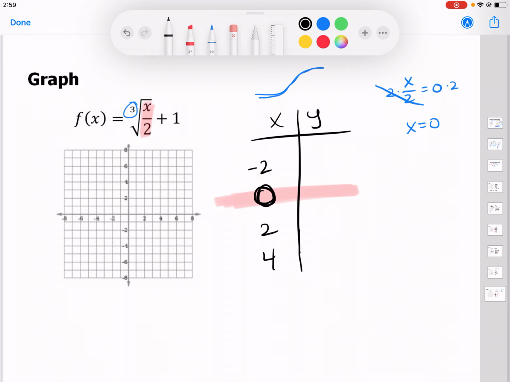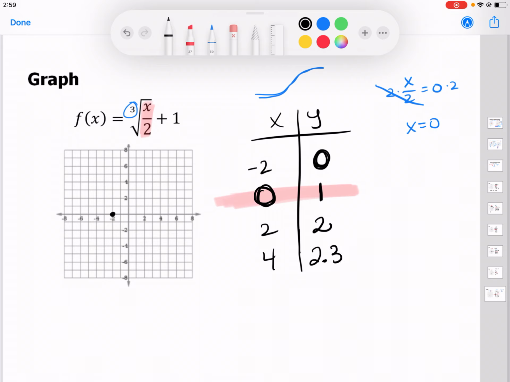So the cube root of negative 1 is negative 1, plus 1 is 0. Cube root of 0 is 0, plus 1 is 1. So you can just type these in. This one would give us 2. Cube root of 2, I don't know off the top of my head for this next one, but if I type it in, I get the decimal about 2.3.